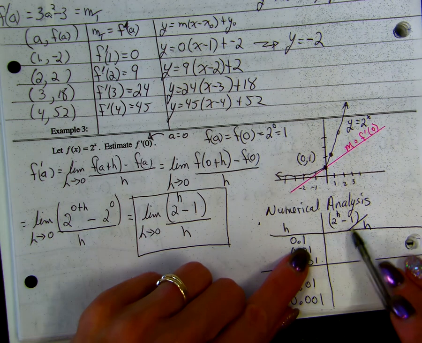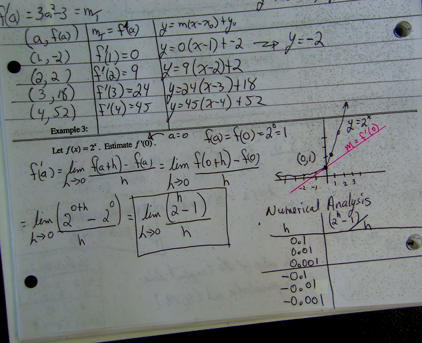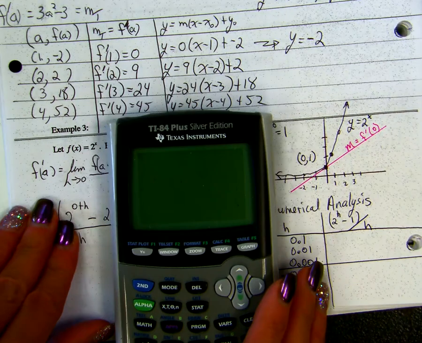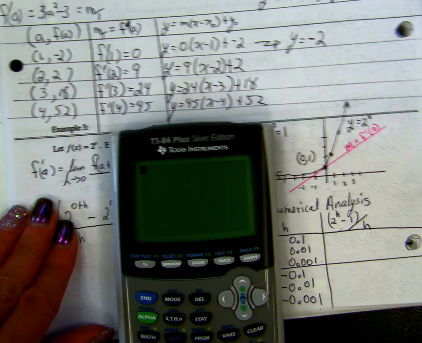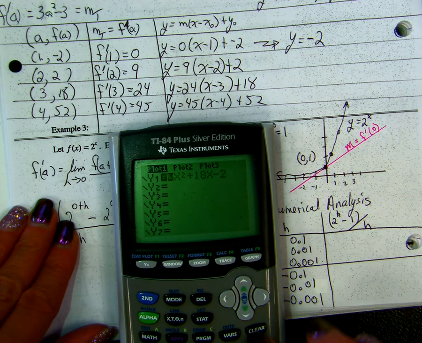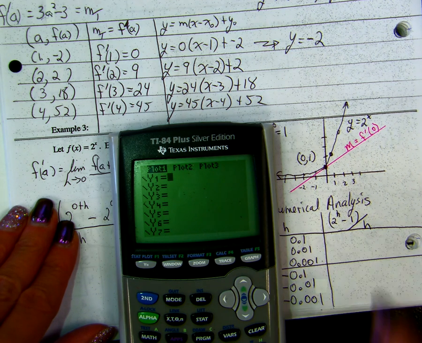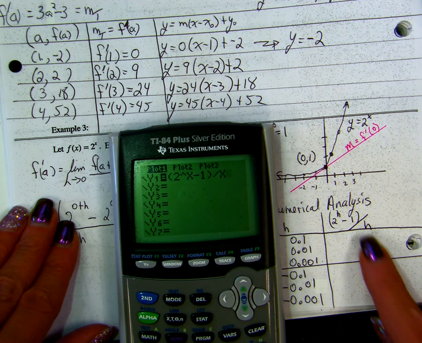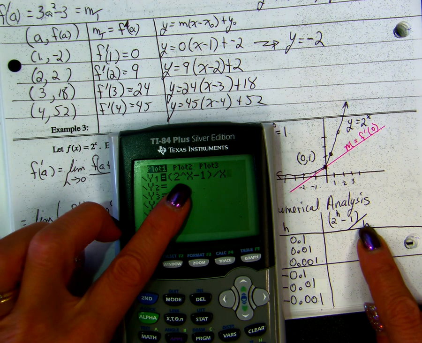Okay, so we're going to substitute this in for h and calculate it, and there's no way I want to do that by hand, so let's put it in our equation editor here. Okay, so we've got y equals, and I'm going to put in my function, bracket, 2 to the power of h minus 1, close the bracket, divided by h. Okay, so I've just programmed that right here.